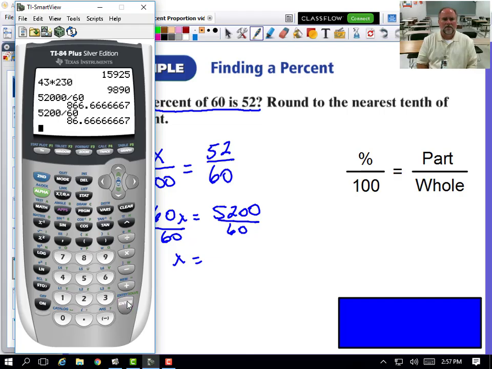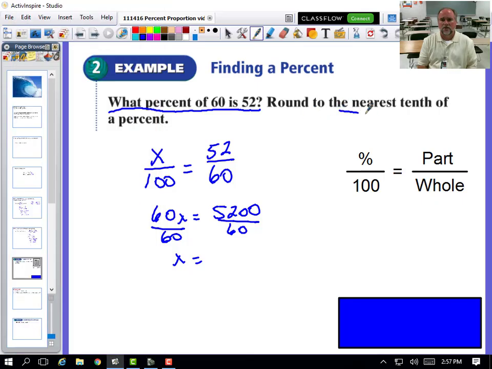And we end up with 86.6 with a bar. Now we notice that it gives us instructions to round to the nearest tenth of a percent. So this will be 86.7%. The 6 that keeps going will round the tenth place to a 7, 86.7%.